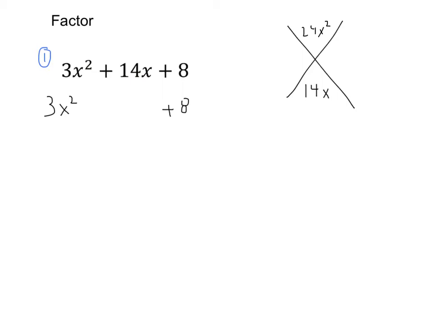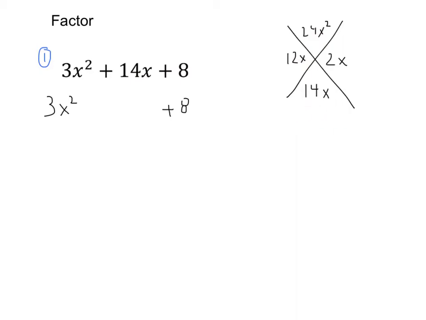The expression on top is the product, and 14x is the sum. So I'm looking for two expressions whose product is 24x squared and whose sum is 14x. The answer here is 12x and 2x. Why? Because 12x times 2x is 24x squared, and 12x plus 2x is 14x.